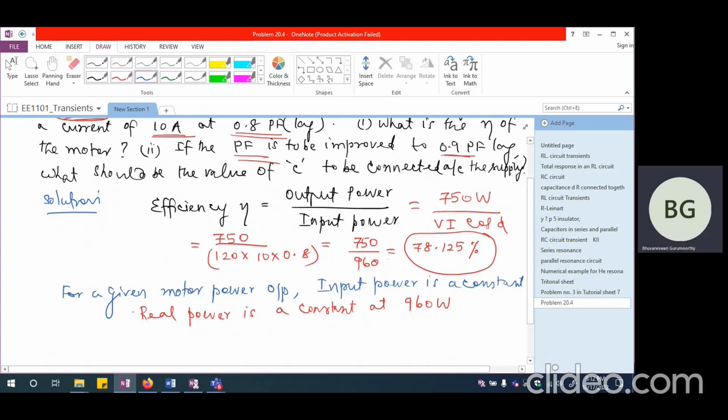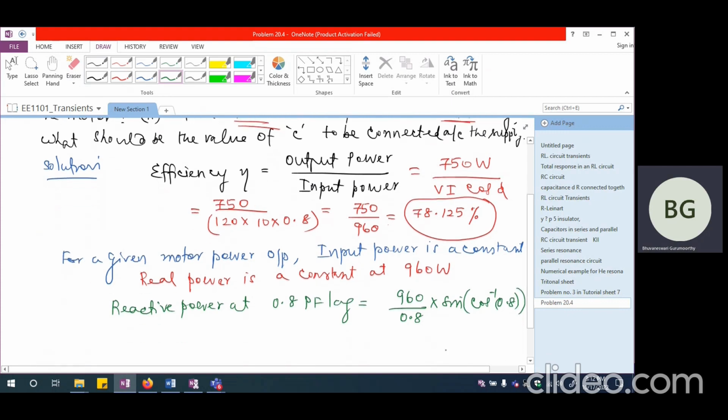Now, reactive power at 0.8 power factor lag. That is going to be 960 divided by 0.8 will be the volt ampere multiplied by sine of cos inverse of 0.8, because cos inverse of 0.8 will be the phase angle and sine of that phase angle will give me what is the reactive power.